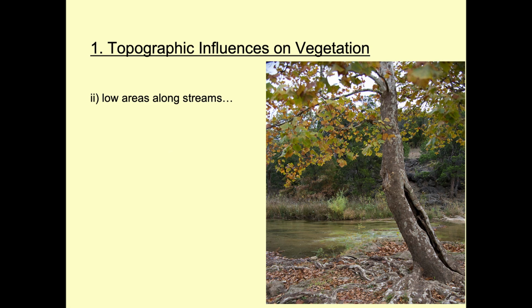Low areas along streams are flooded less frequently than our vernal pools, but still have water-tolerant species. Sycamore, for example, is a water-tolerant species that's often along streams in the eastern United States.